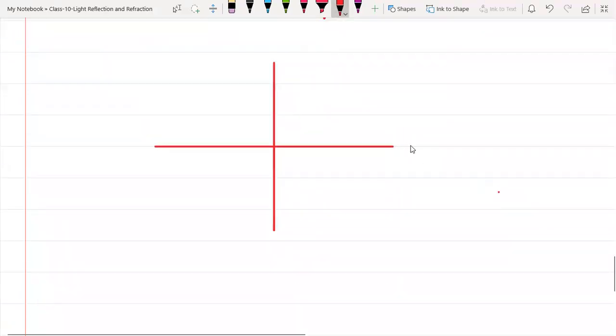You have the x-axis, x dash axis, y-axis, y dash axis, and this is the point called origin O. Here one thing you have to understand: if you are moving from left hand side to right hand side, please take it as positive, because you are coming from x dash axis to x axis, so it will be positive.